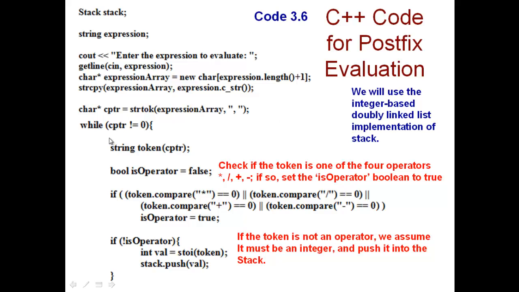And then while cptr is not equal to 0, get inside the loop and convert that to a string, and check if you encounter an operator. So have a boolean variable called isOperator, and you set it to false. Now you compare the content of the token to one of the operators: it's either a star, plus, division, or minus. If it's equal to 0, that means what you have encountered now is an operator.